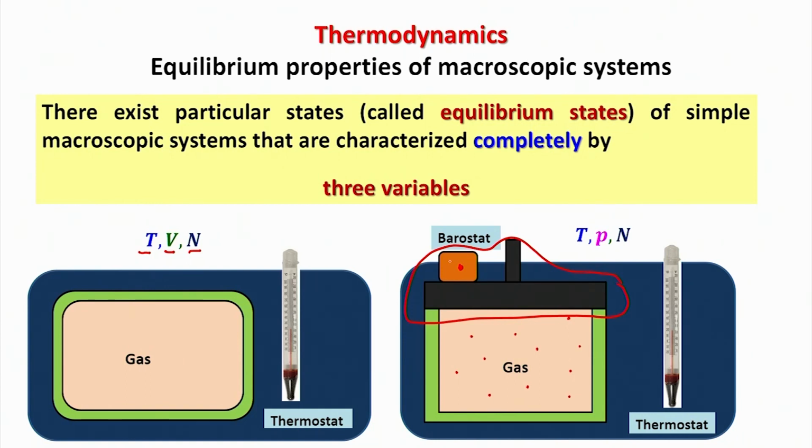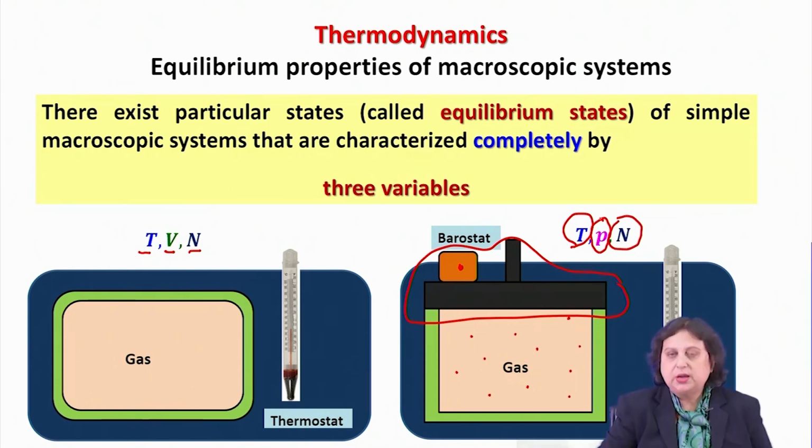You define it by reading out the temperature of the system from the thermometer, the pressure of the gas from the barometer, and obviously I know how much gas we have put into the cylinder, so I know the number of particles present here.